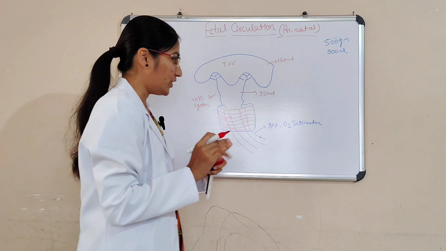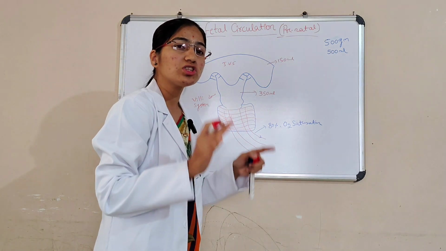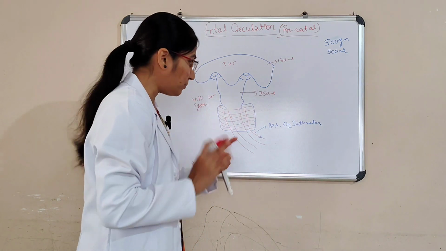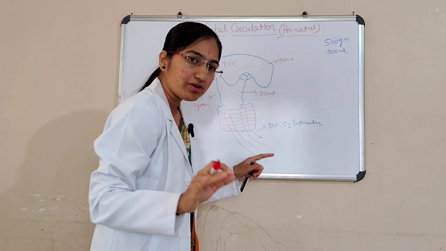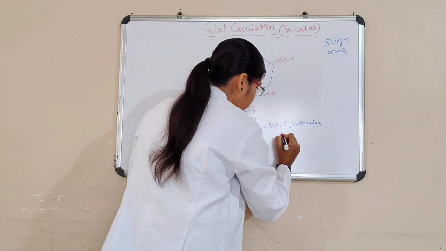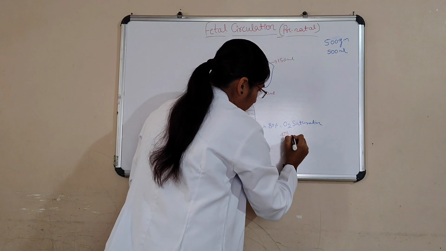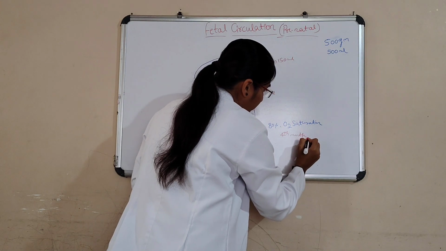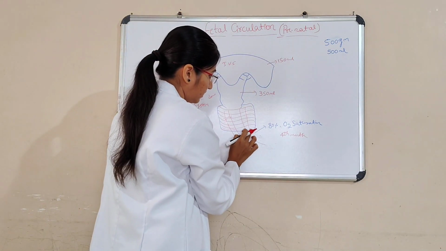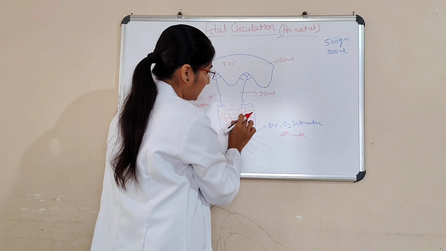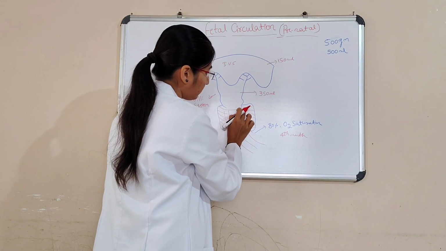What happens here? During the fourth month, the right umbilical vein disappears. What is the remaining thing?